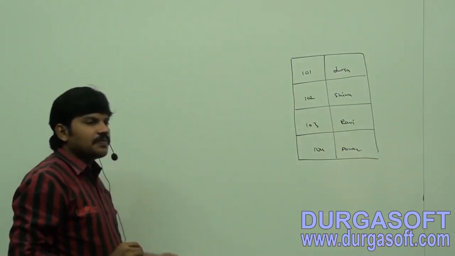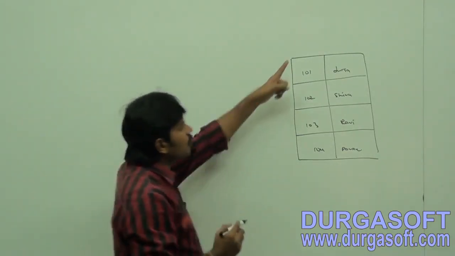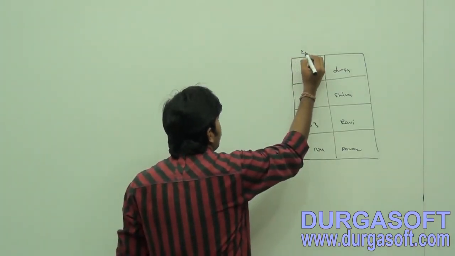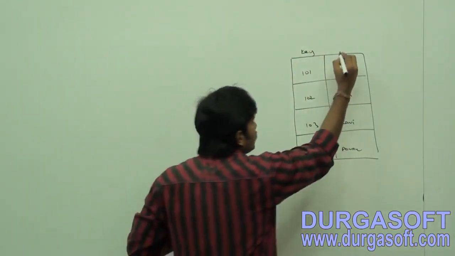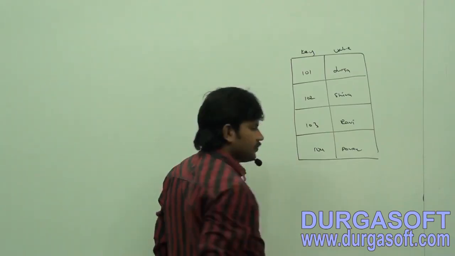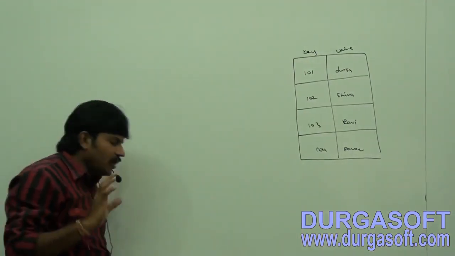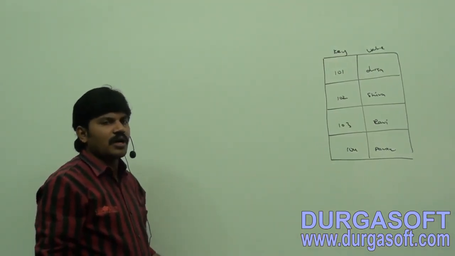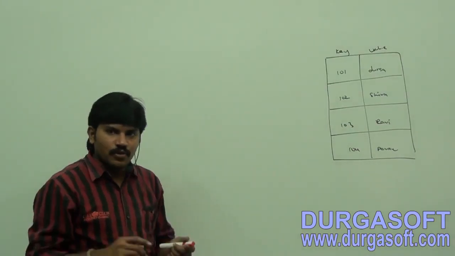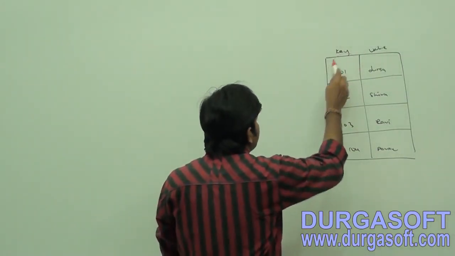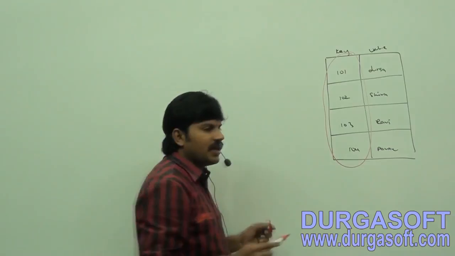Now my target: these things are nothing but keys, and these things are nothing but values. Sir, I want to get only keys. Can you please list out all the keys?